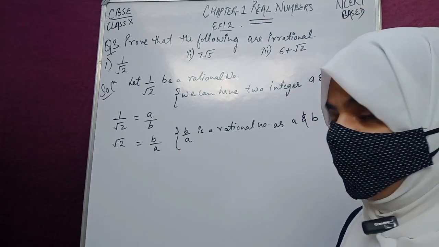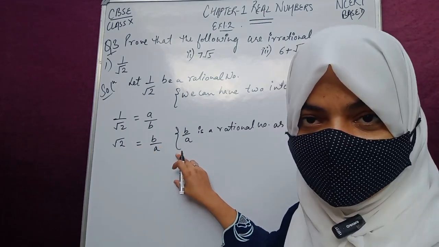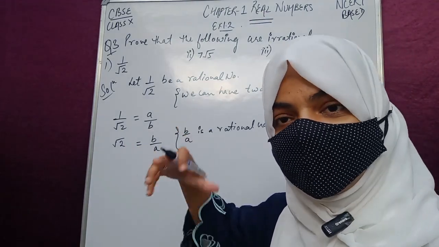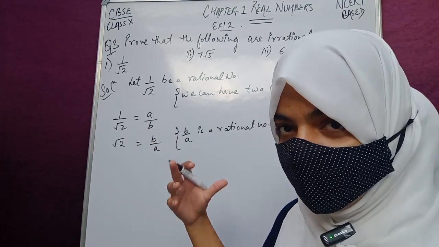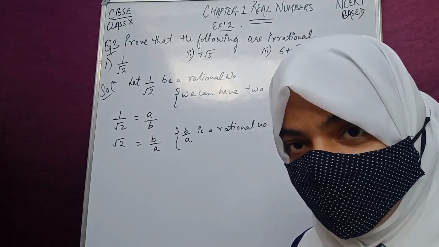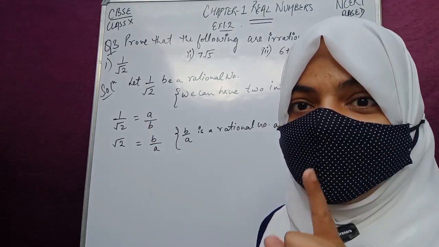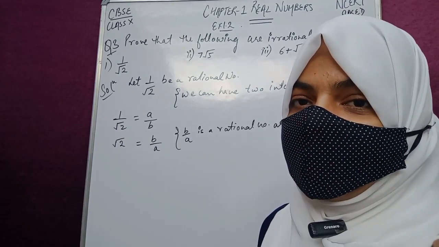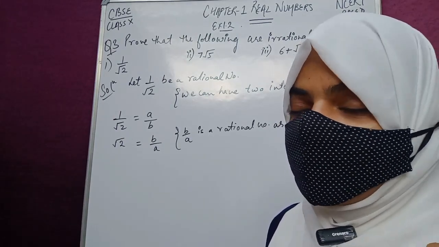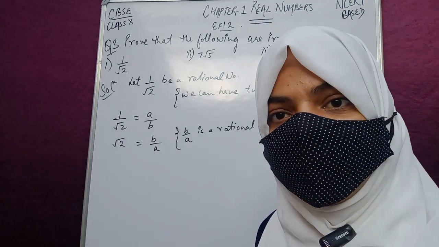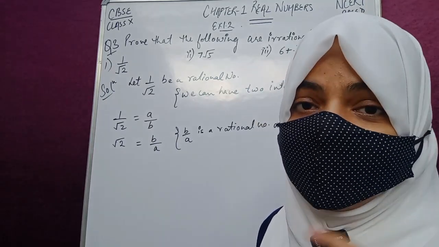Fine. Now if this is equal to root 2, will root 2 be rational or irrational? You tell me. The number under root, if it's not a perfect square, if it's not dissolving your square root or the cube root, that number is considered to be irrational.